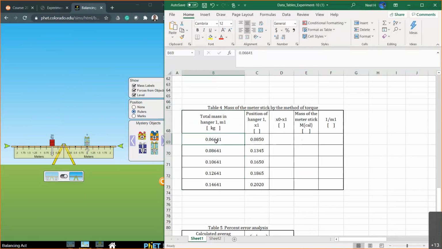When I change that, I need a new position to level the meter rule, and you can see the position changes slowly as a result of changing mass. That's the idea. Since I know x0 and x, I can do that graph and figure out the mass of the meter ruler. That's the plan. Any question?